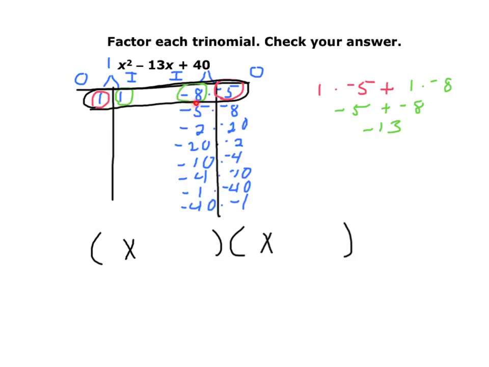The first factor here, the negative 8, is going to go here in the last spot of the first binomial. And this factor of the last term goes in the last spot of that binomial. Okay, so let's go ahead and put it in place. So I'm going to have a 1 and a 1 and a negative 8 and negative 5.